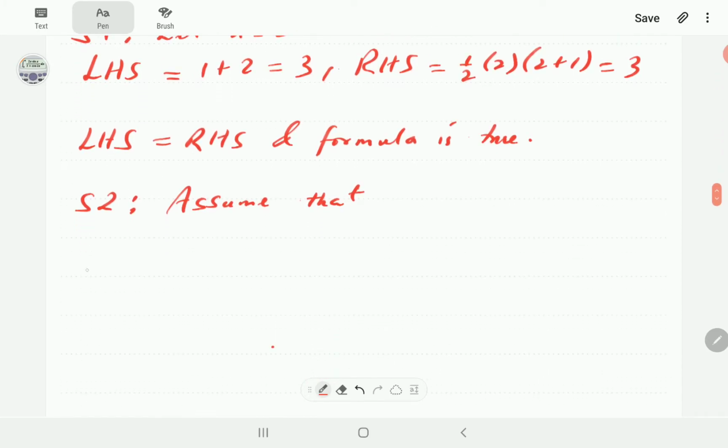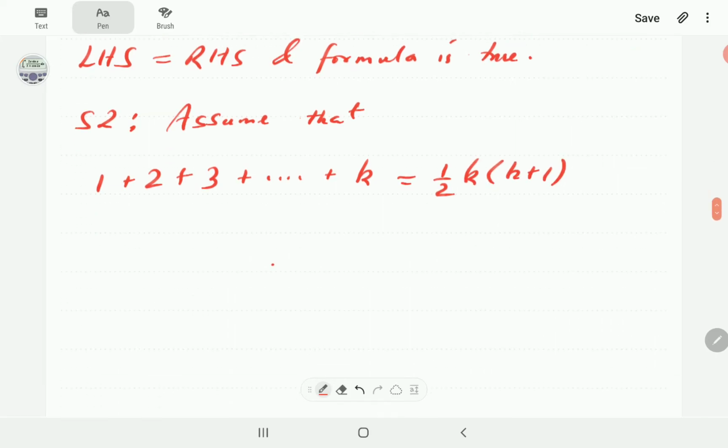So I'm going to assume that 1 plus 2 plus 3 all the way to k is equal to 1/2 k times (k plus 1).